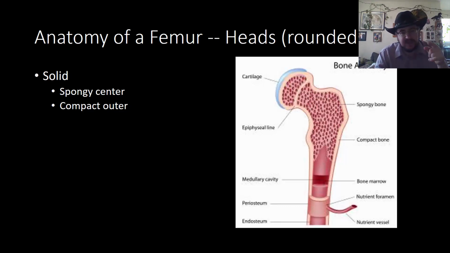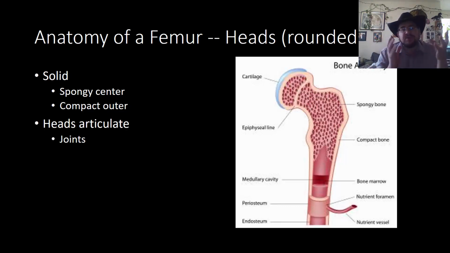That's probably the best way to contrast that. So it's filled in completely with spongy bone, and that allows it to resist impacts. So impact forces, when bones collide with each other because of gravity, because you're walking, all that spongy bone helps absorb the impact, prevent damage.